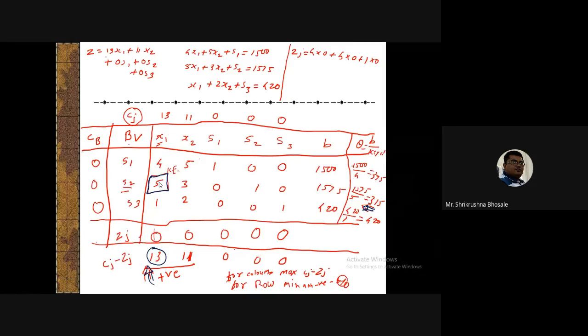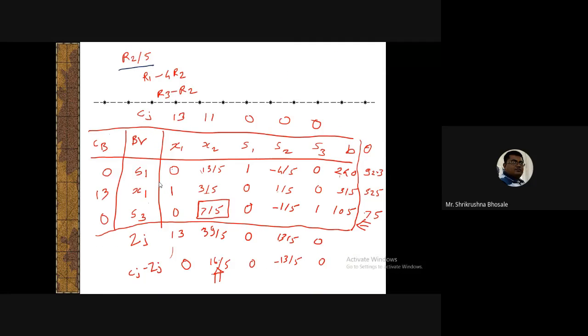Otherwise, if you do not divide it by 5, then that particular element will not become 1. That's why we have selected this particular operation. Then once you make this row completely, here at this particular stage we have made one more change. Can anybody tell me what change we have made?